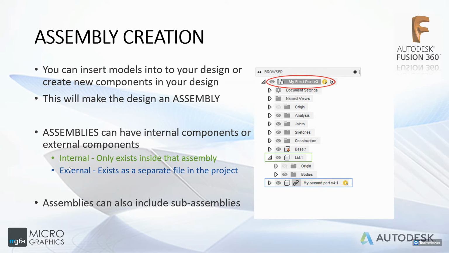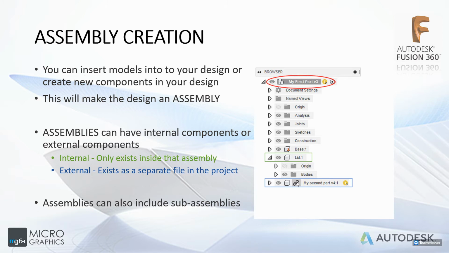Whereas my second part falls under the blue external. External exists as a separate file in the project. So in your project pane, you'll be able to find my second part as a separate item, with its own space in the project window, which means you can use it in other designs quite easily.